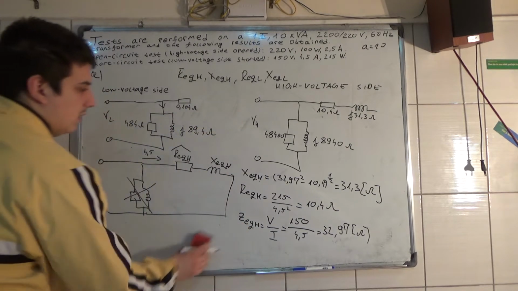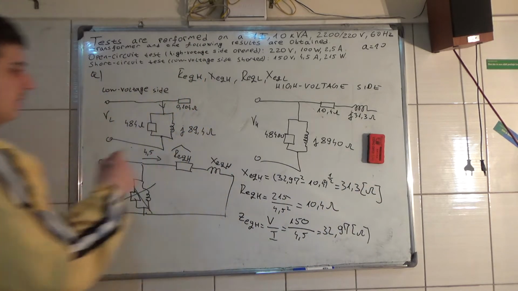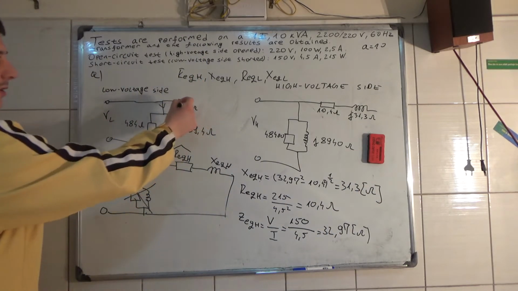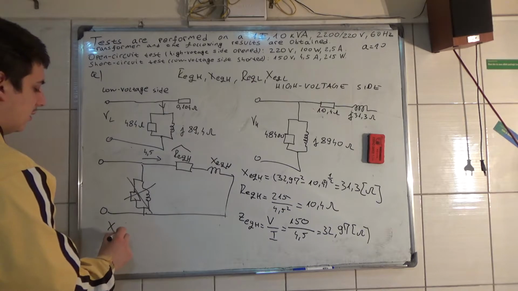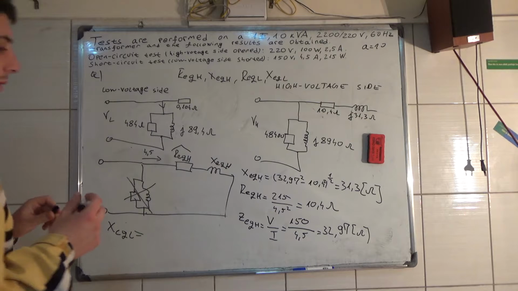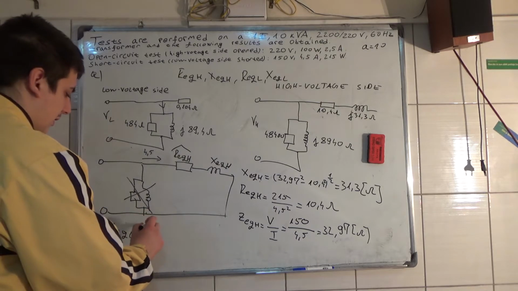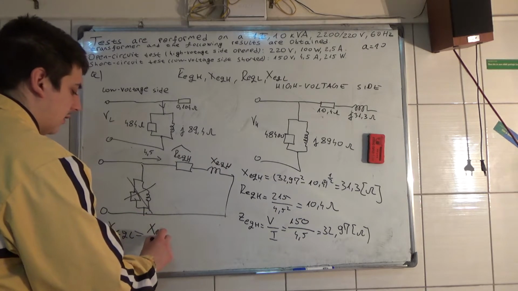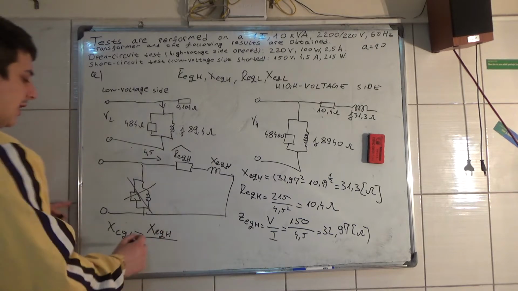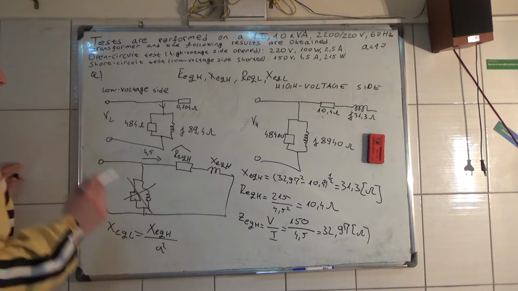And now the equivalent on the low voltage side, we have X equivalent H divided by A squared. So why do we do that?